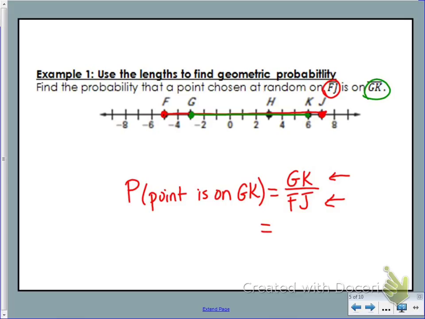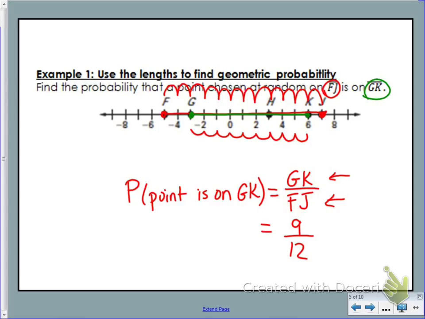This probability, well, the length of GK, we notice we're counting here by 1, so we have a length of 1, 2, 3, 4, 5, 6, 7, 8, 9. And then the total length is 12.